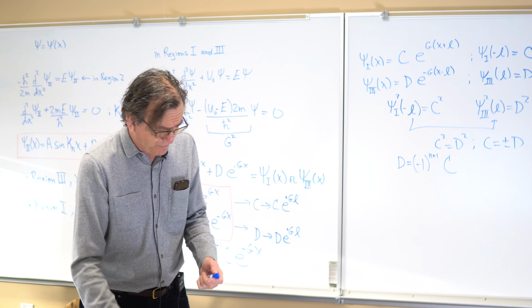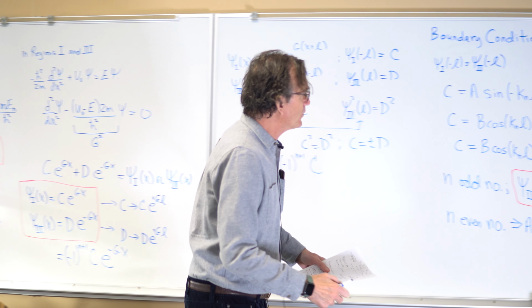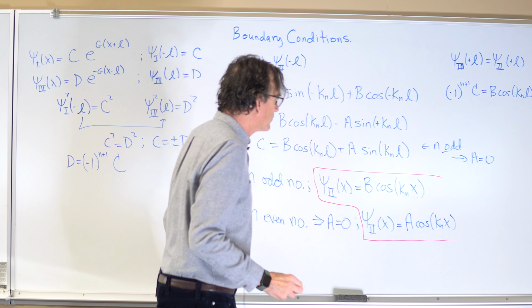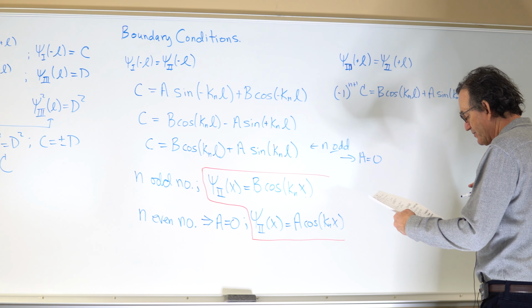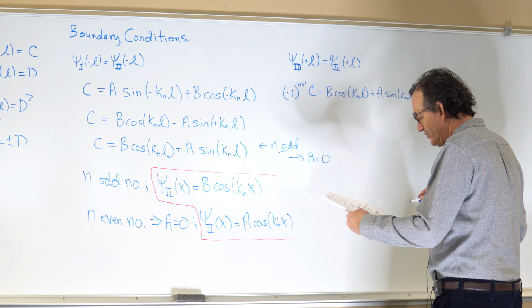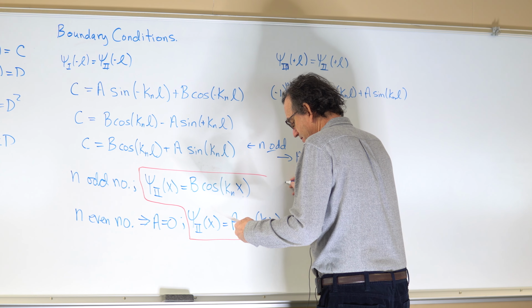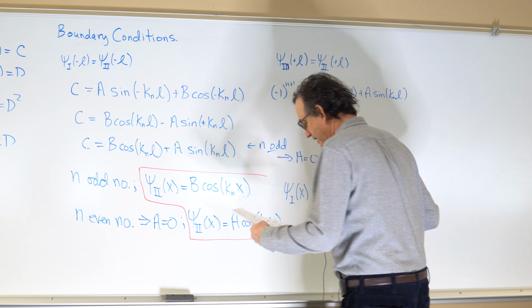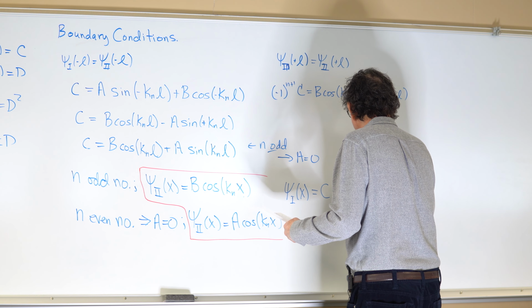While we are on this point of writing down the wave equation, which we have done for the central region, we can also write down the wave equation in regions 1 and 3. For n odd, psi 1 of x is equal to C times e to the gx.